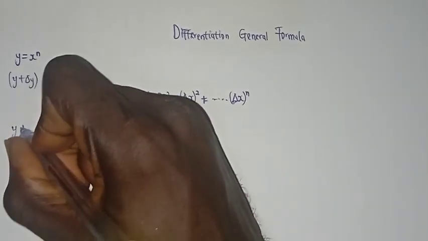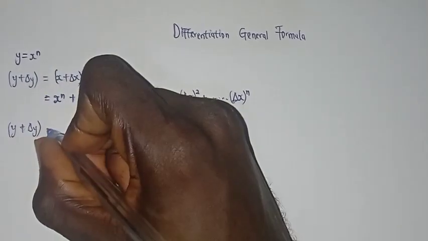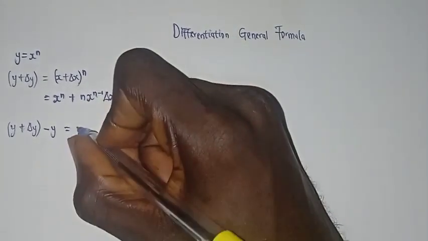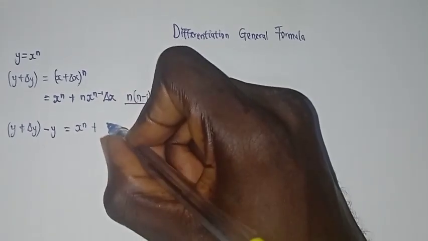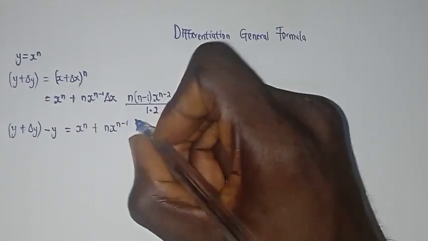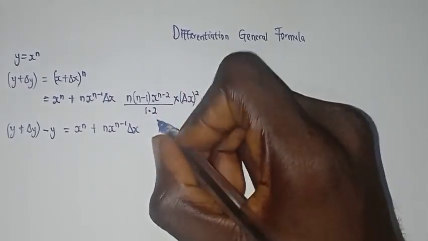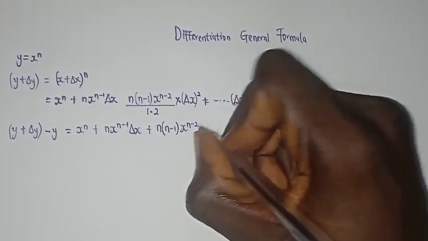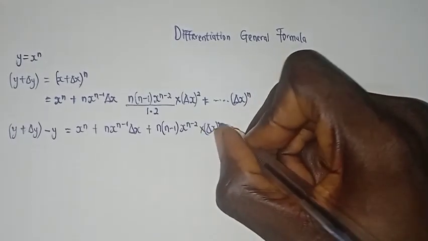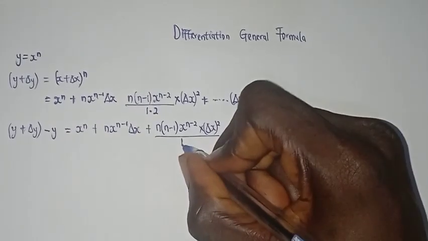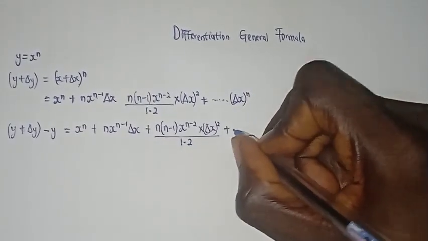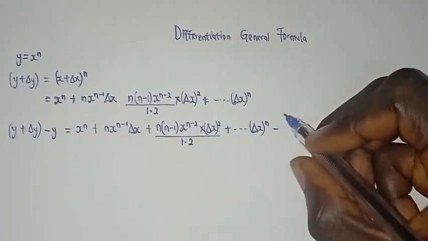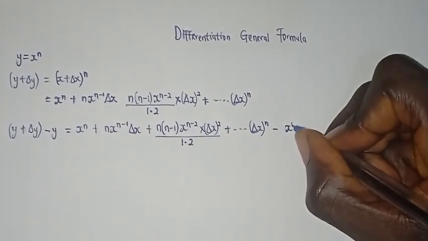So we have that y plus delta y minus y, this for our left hand side, and then for our right hand side we have x raised to the power of n plus our second term, n x^(n-1) delta x, plus n multiplied by (n-1) multiplied by x^(n-2) times delta x all squared all over 1 multiplied by 2, and then our last term, and then minus y, which is x raised to the power of n.